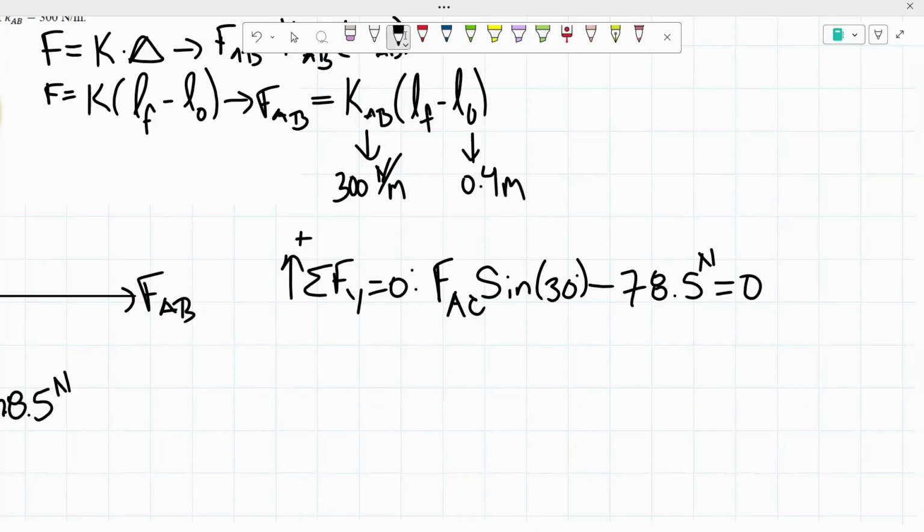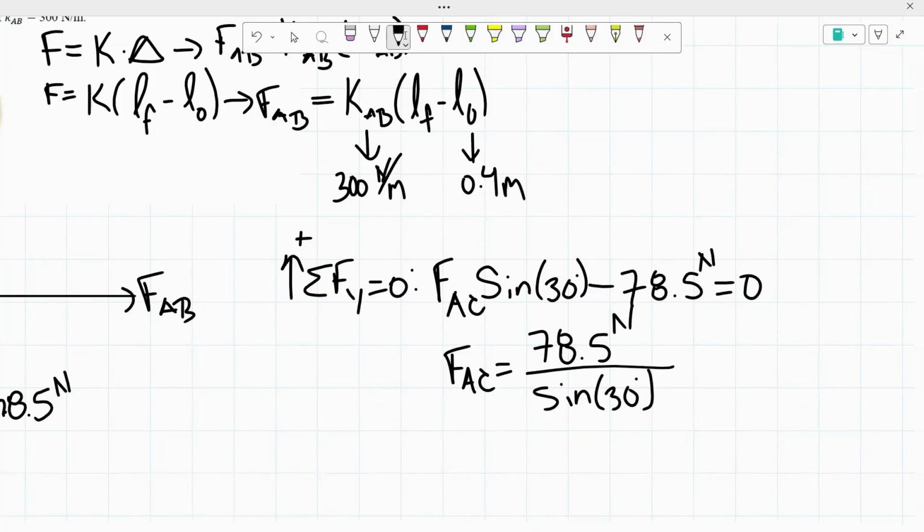If we solve this for the force of AC, the force of AC is equal to 78.5 newtons over sine of 30. So the force of AC is equal to 157 newtons. Like that, we were able to find the force of AC, verifying that all of our y components are in equilibrium.